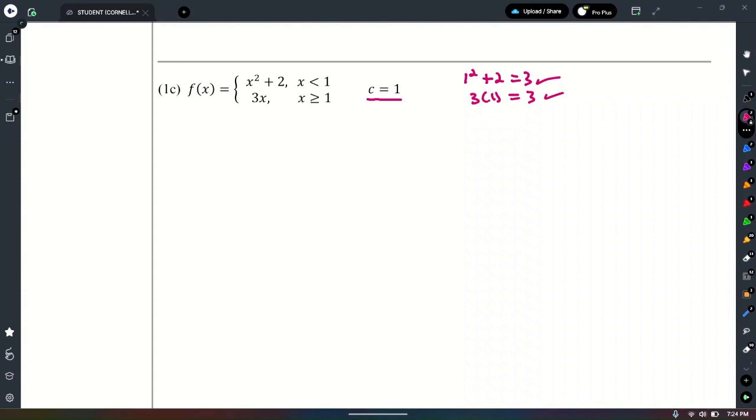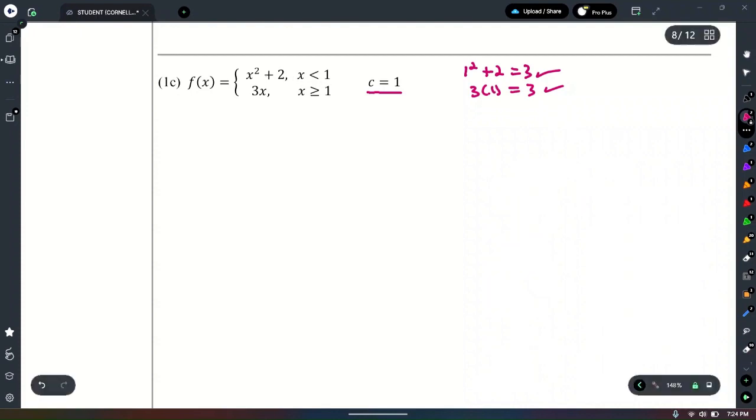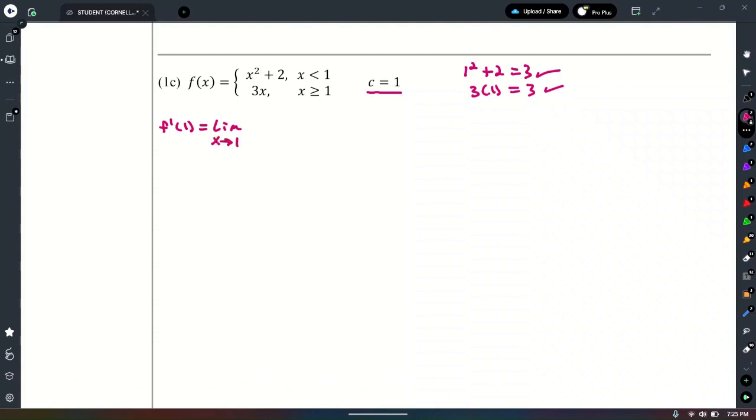We're using the alternative form of the definition of the derivative, and so we're just going to jump right into that. I'm going to start coming from the left simply because that's on top. So we're going to use the alternative, so it's f prime of 1 is equal to the limit as x approaches 1. Now, for our limit, we're going to approach 1 from the left, and so that's our top function.